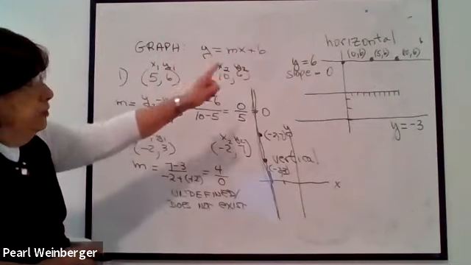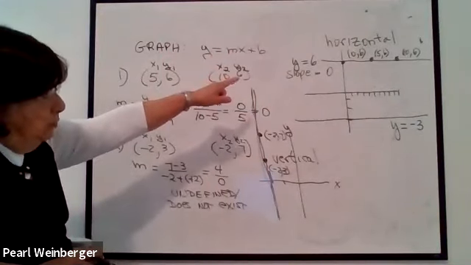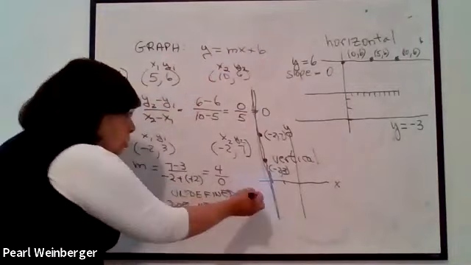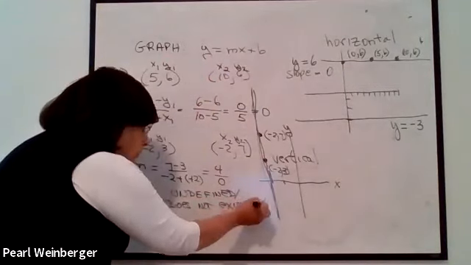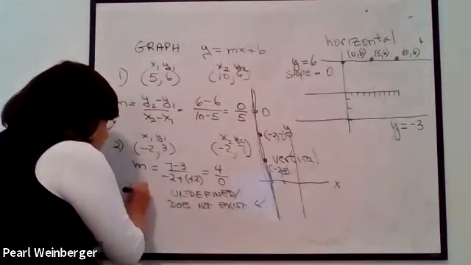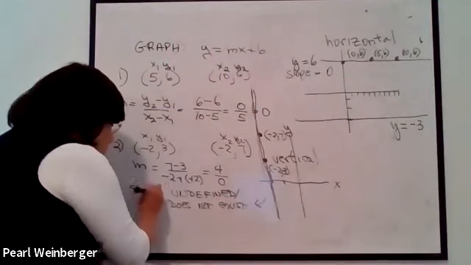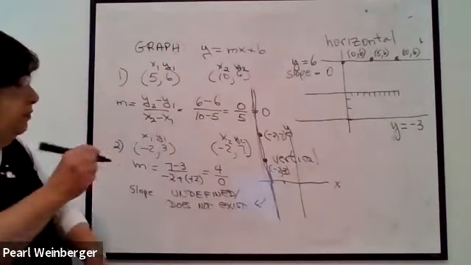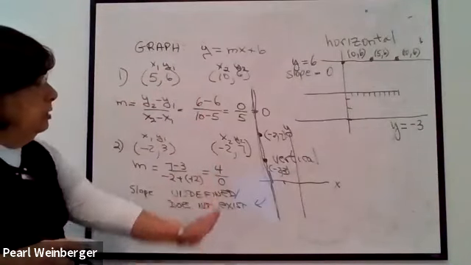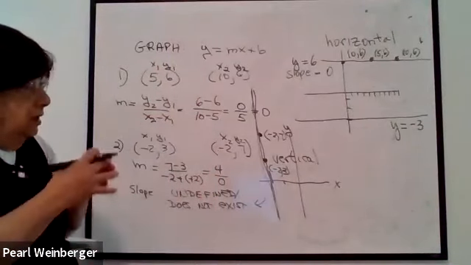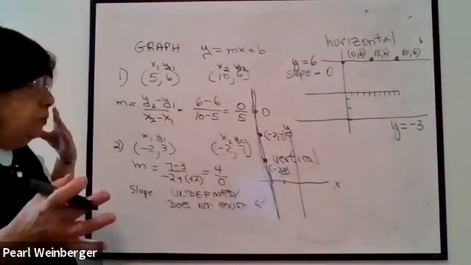There's a very big difference between having a slope of 0 and having a slope that is undefined. The slope in this case is undefined. So a line that goes straight up and down doesn't have any slope, and it's called a vertical line.